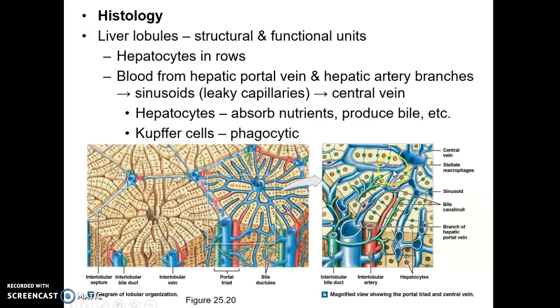There are also phagocytic immune type cells called Kupffer cells. That's these little pink ones that you see here, referred to as stellate macrophages here, but our textbook refers to them as Kupffer cells.